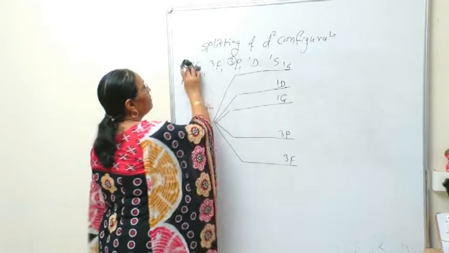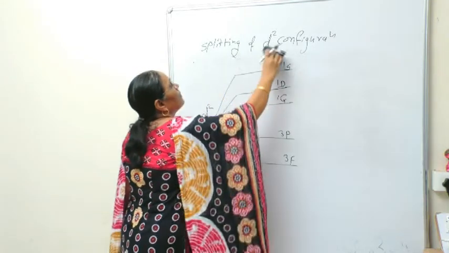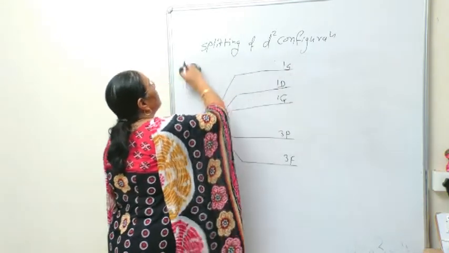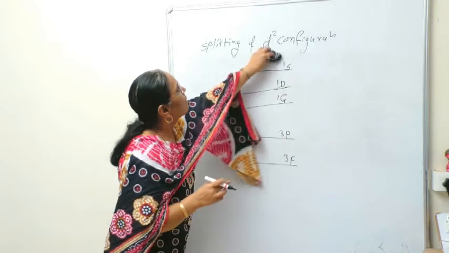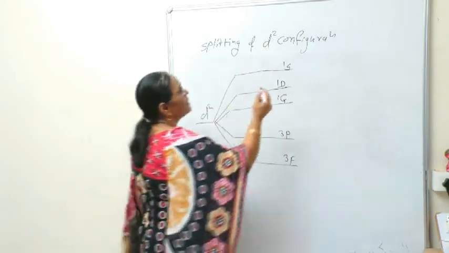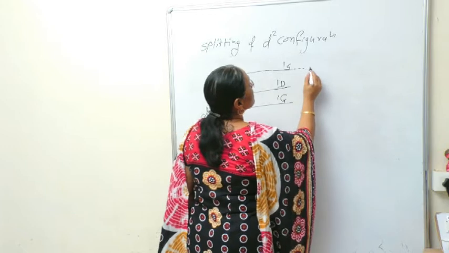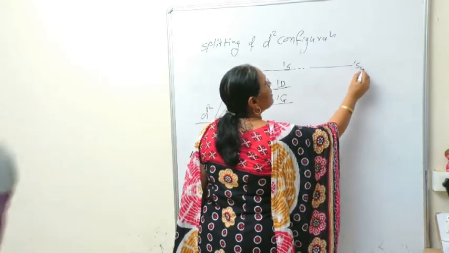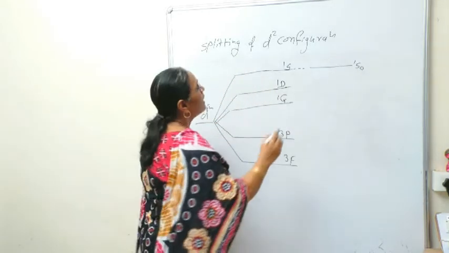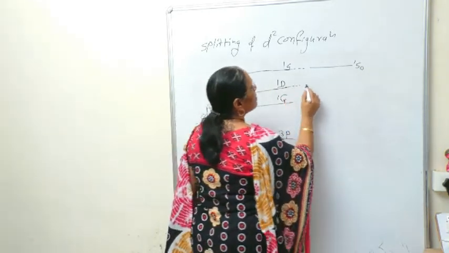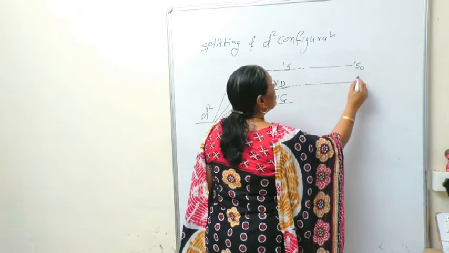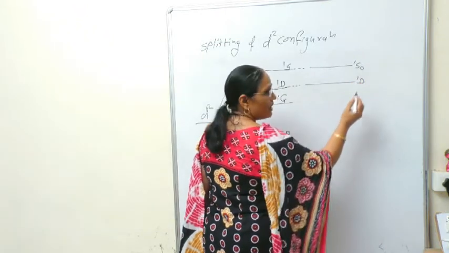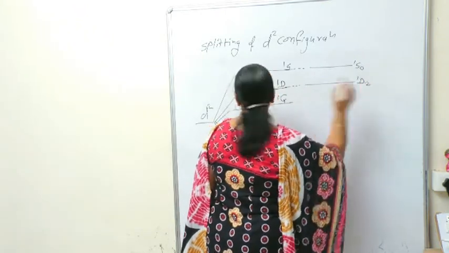Next, for the J values, we have to see the sequence of J values. This singlet S is simply transformed into singlet S, J value is 0. This singlet D is also transformed into singlet D, and we have seen that J value is 2.